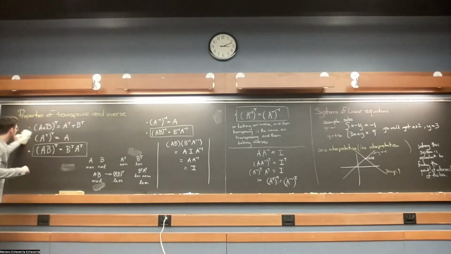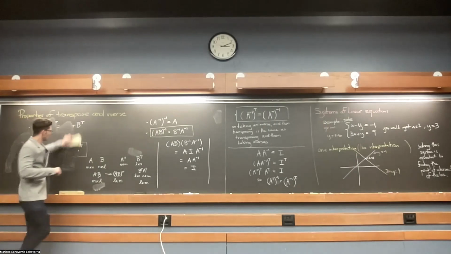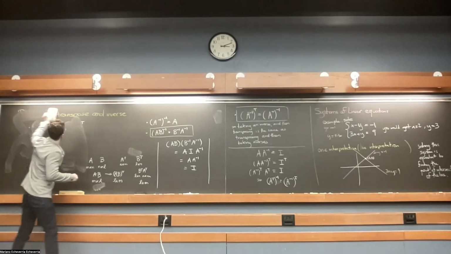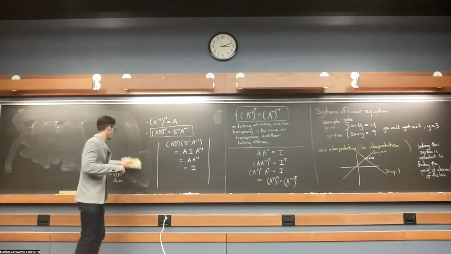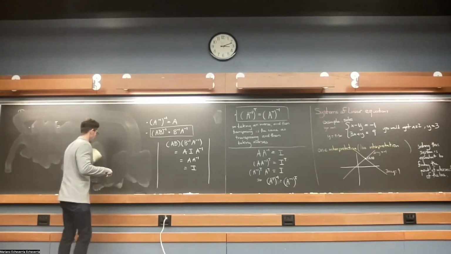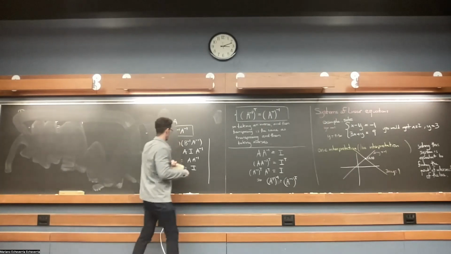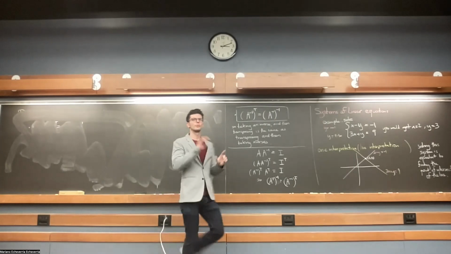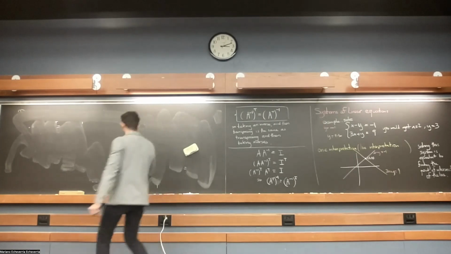So maybe you remember this from high school geometry or somewhere. When you have two lines on the plane, what can happen?